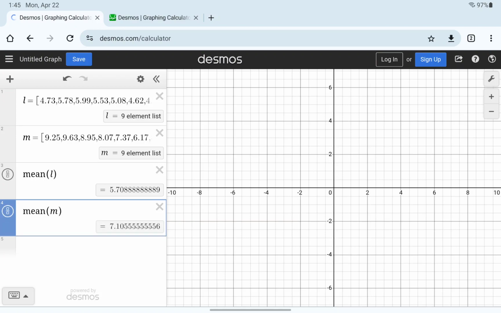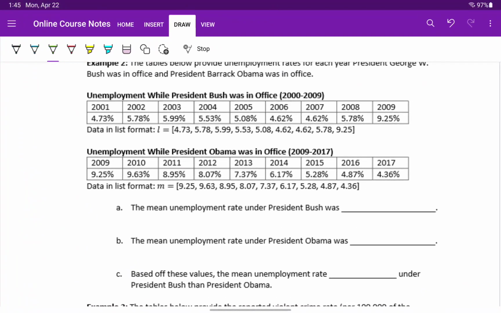And now we've found the mean of the first data set and the mean of the second data set. Rounding a little bit, this gives us a mean unemployment rate under President Bush of 5.71% and a mean unemployment rate under President Obama of 7.11%.